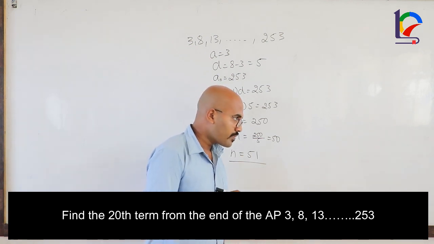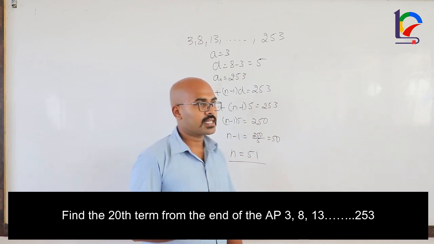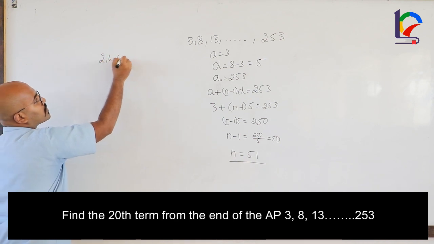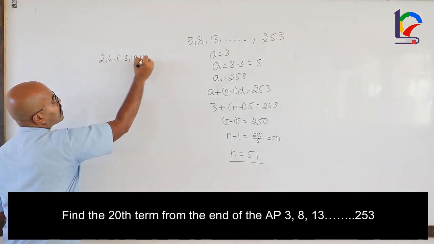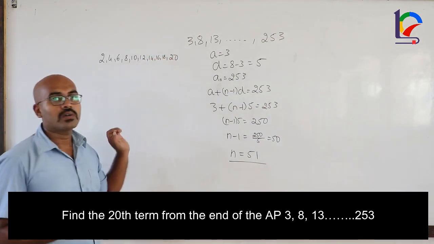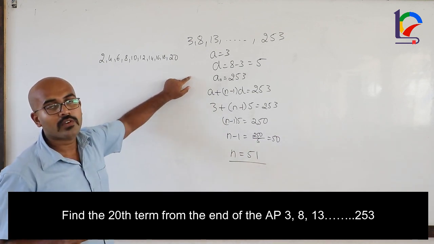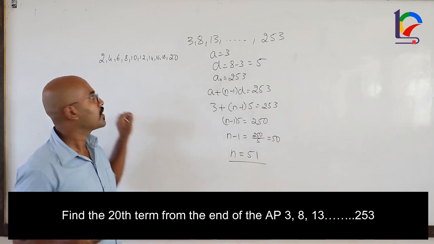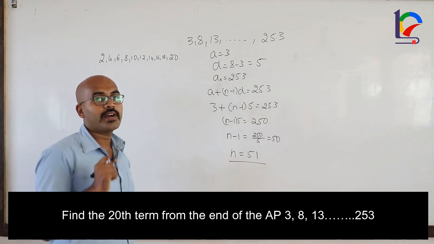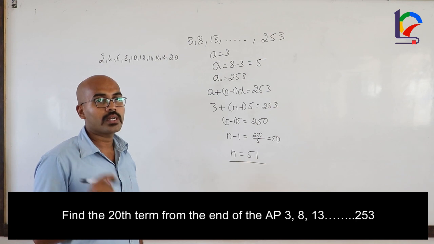For example, suppose there are 10 terms. Take some simple examples like 2, 4, 6, 8, 10, 12, 14, 16, 18 and 20. So these are the first 10 multiples of 2. Obviously you know that there are 10 terms. You know what is the first term, what is the last term. So here if you want to find the third term from the last, how do you do that?